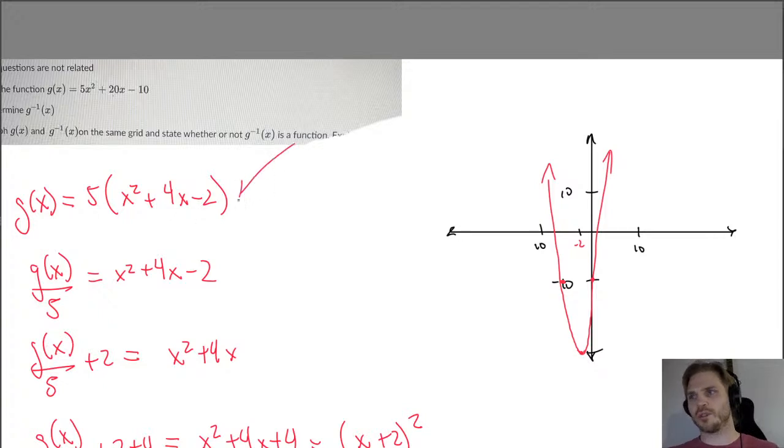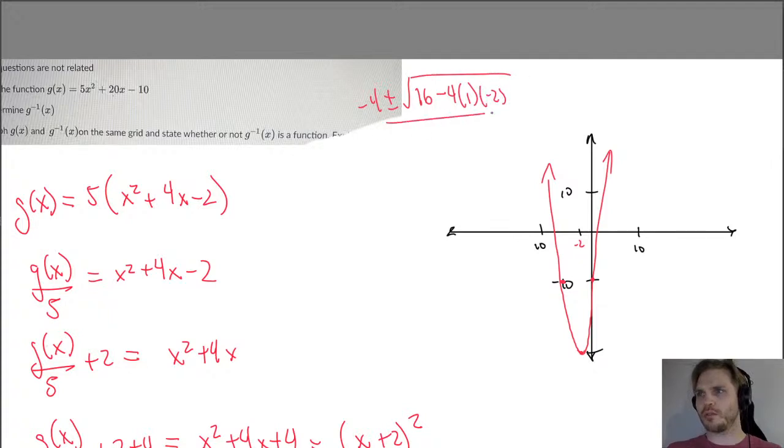You could figure out what these zeros are for this. Negative 4 plus or minus the square root of 4 squared minus 4 times 1 times c, which is negative 2, all over 2.